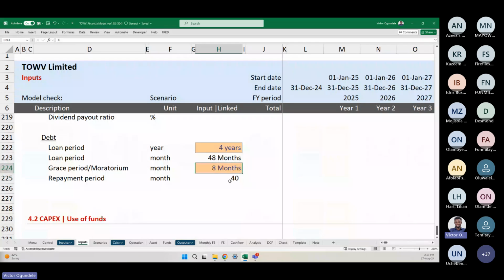So 8 months, which means the business is not going to pay anything in the first 8 months, but we'll be accruing the interest expense. That's the concept we use mostly in project finance. We have our repayment period, which is just your loan period in months minus the grace period.